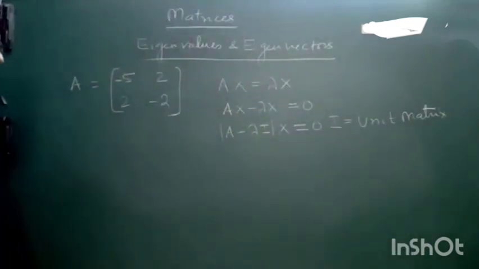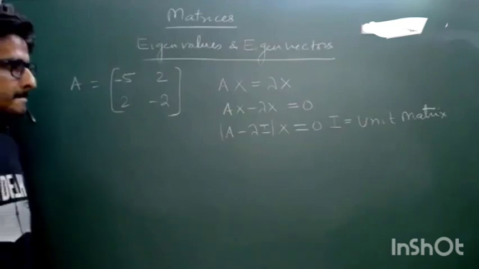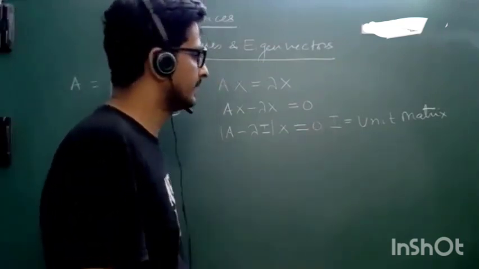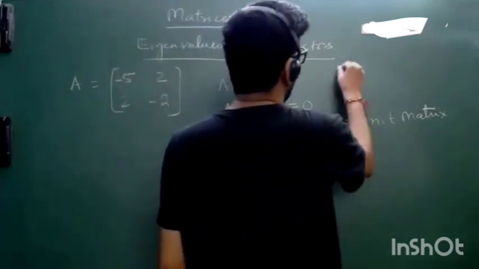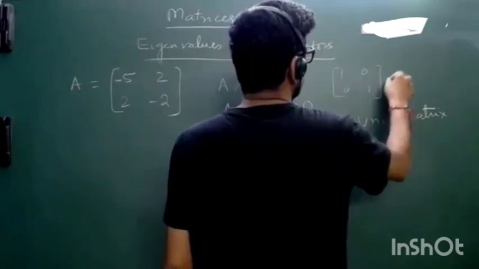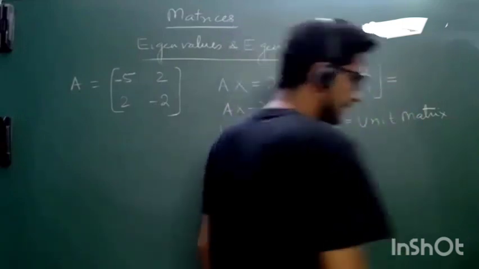This I is known as the unit matrix. Now this I matrix, the unit matrix, means, suppose I write a 2 cross 2 matrix, 1 1 0 0. Sorry, this is the identity matrix.